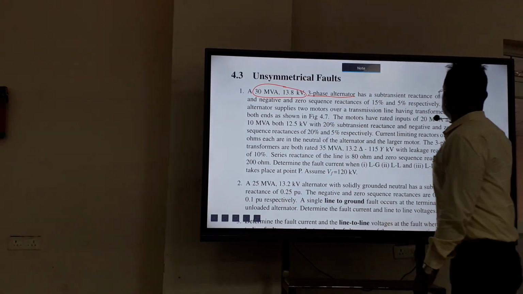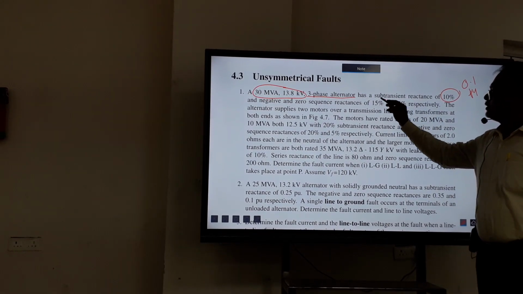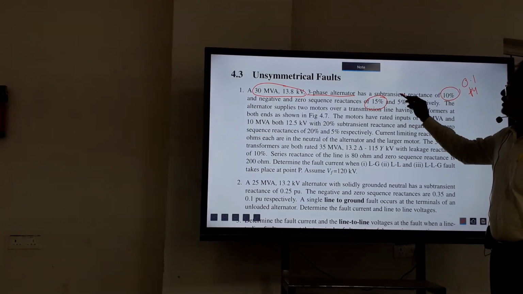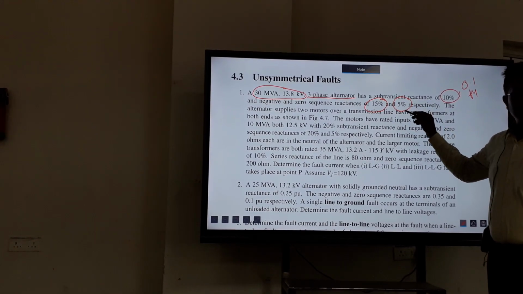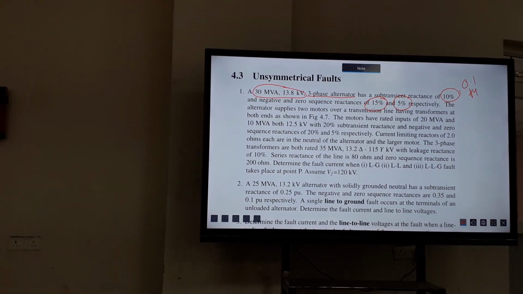Subtransient reactance 0.1 per unit. Negative and zero sequence reactances are 0.15 per unit and 0.05 per unit. 5% means 0.05 per unit.